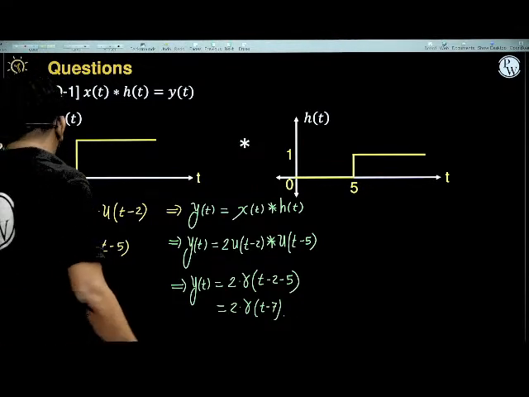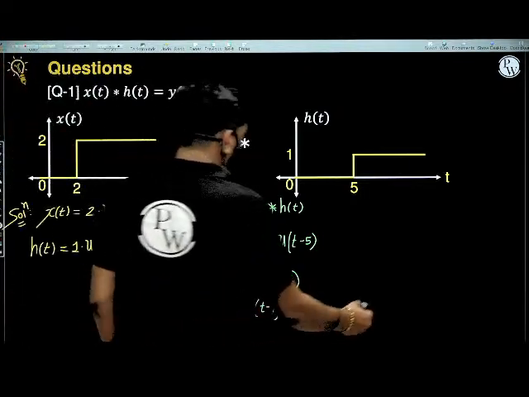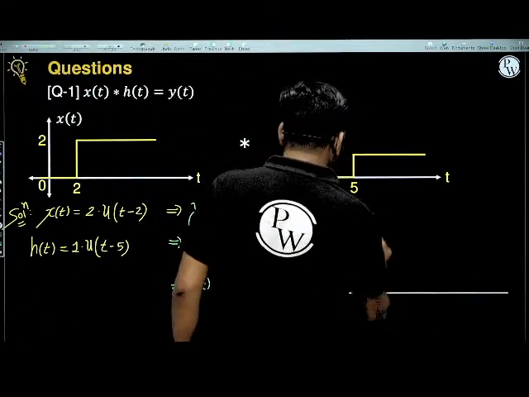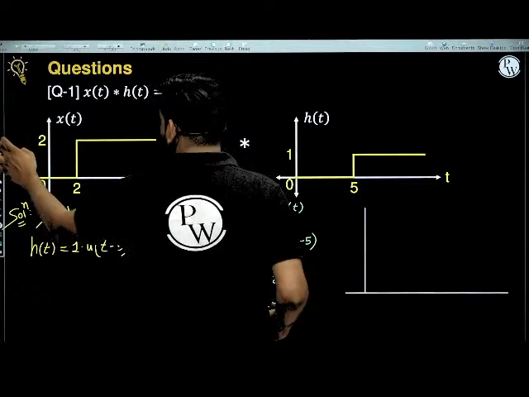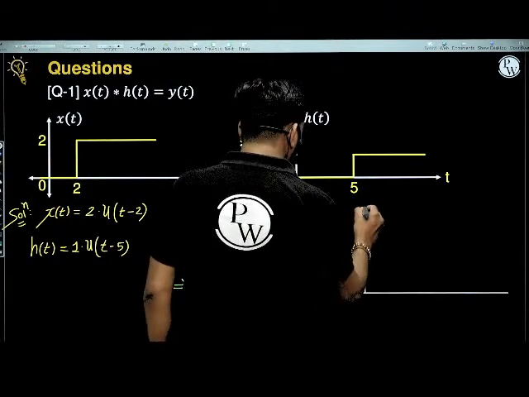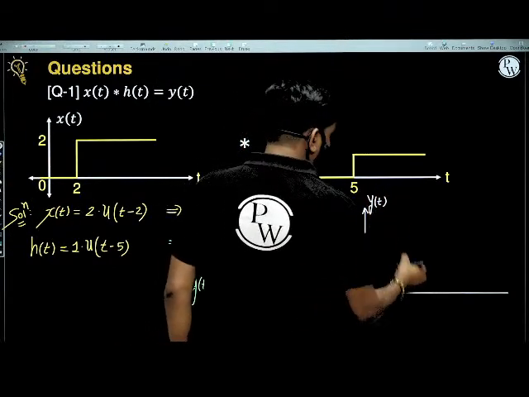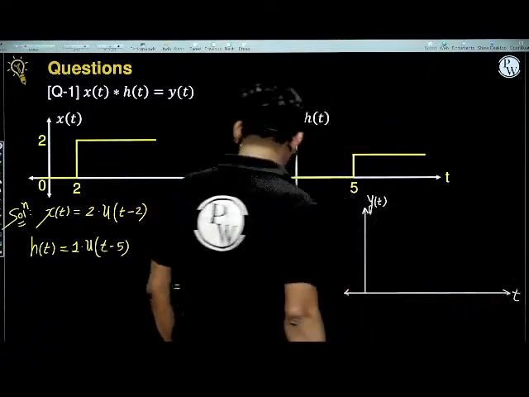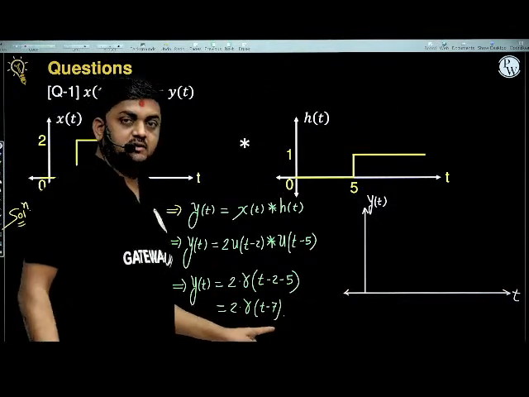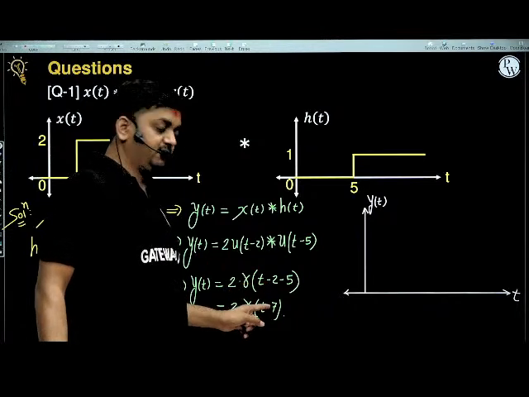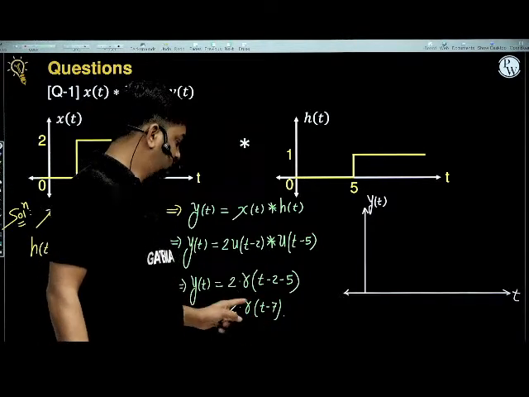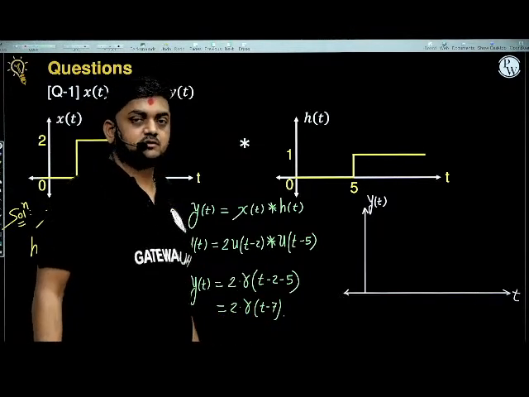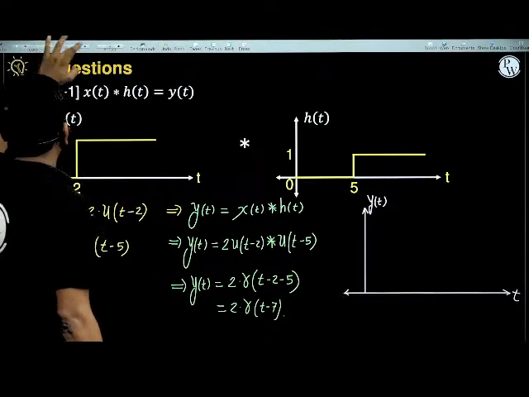So the resultant signal is a ramp function y of t. The resultant function is a ramp function starting from 7 going towards the right side, and the slope will be plus 2, that is increasing, slope will be plus 2, guys.